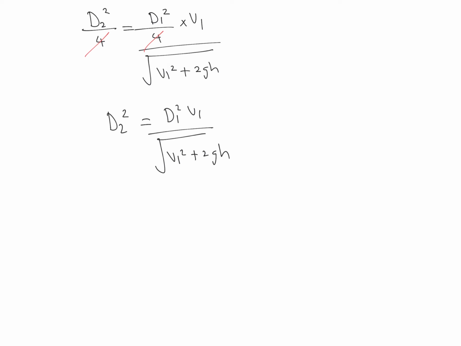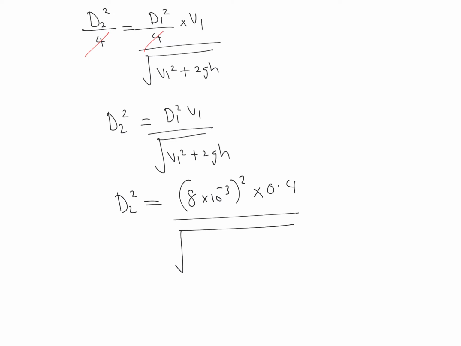So from this we can find out the value of d2 square over here. The value of d1 is given as 8 into 10 raised to minus 3, squared, into velocity 0.4, divided by under root of V1 square, that is 0.4 square, that is 0.16, plus 2 into g, which we can take as 10, and h is given as 2 into 10 raised to minus 1, that is 0.2.